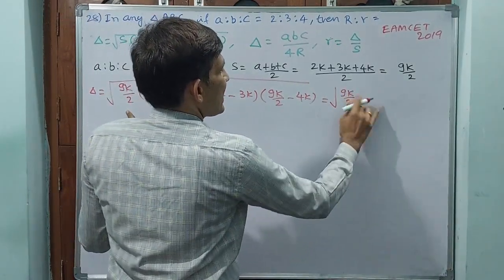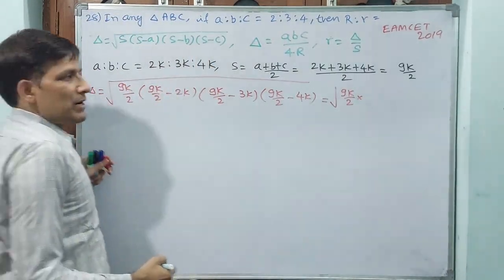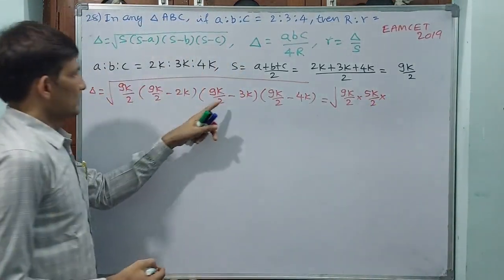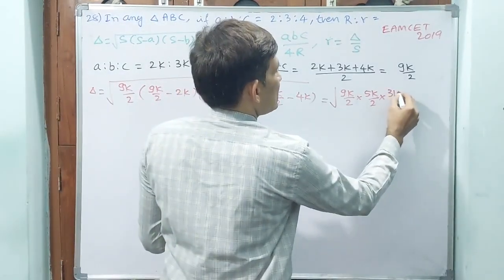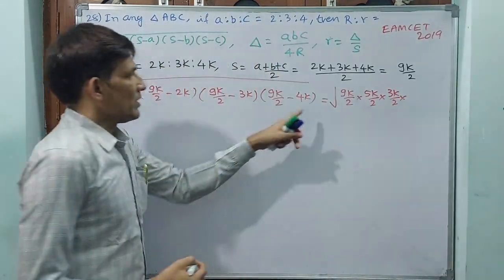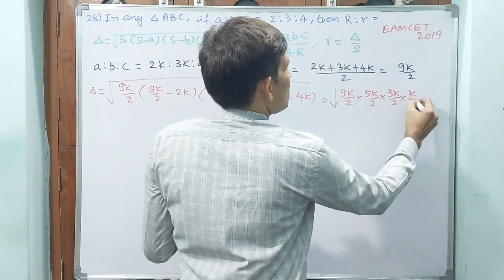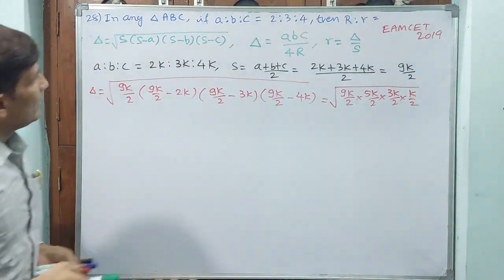But inside, you see, 9k minus 4k, 5k by 2, into 9k minus 6k, 3k by 2, into 9k minus 8k, k by 2. Okay, let it be.